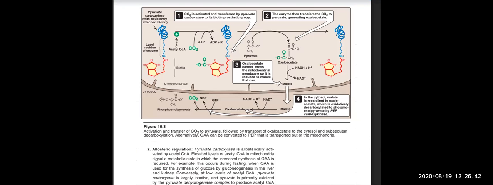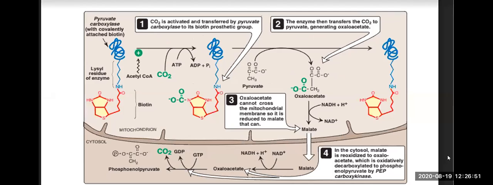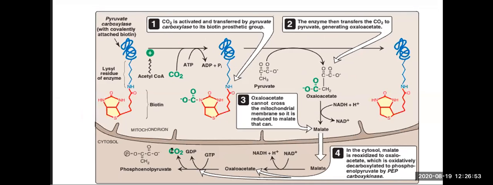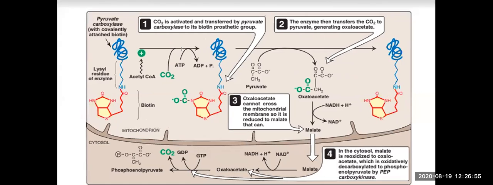Now I'll take you to this page of your Lippincott book, and you see in this picture, this structure is biotin, and this red structure which is drawn over here is the structure of pyruvate.